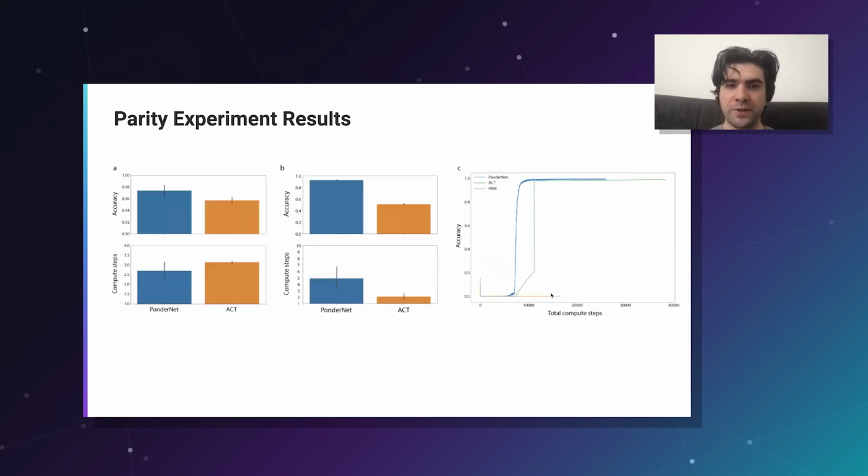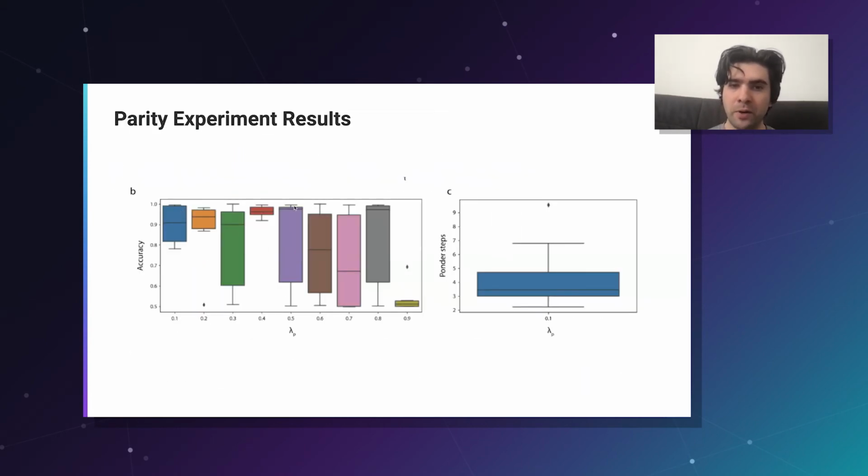And we're able to see that for the most part, we get pretty good accuracy somewhat independently of what value we choose here, with the exception of 0.9, wherein we are essentially forcing the network to terminate after only a single step, and it's not able to compute all the steps required to actually come out with a reasonable response.